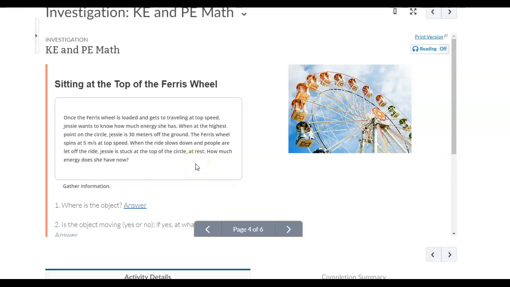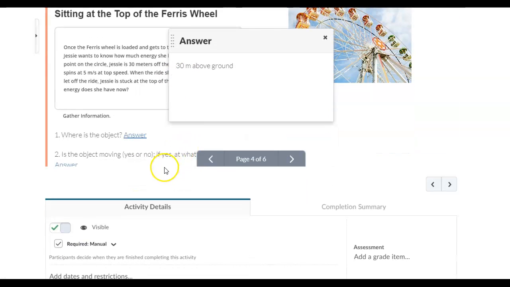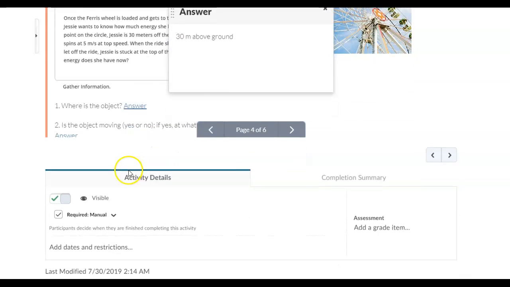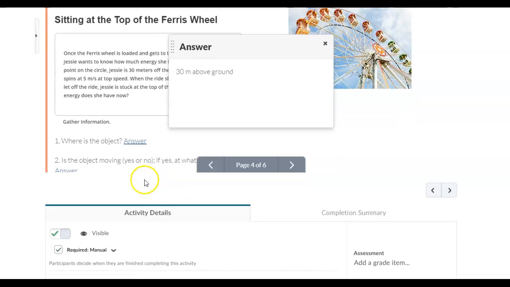Okay, so we're looking at this again. You can probably start to figure out she does have height this time. Our potential will go back to what it was before. She's 30 meters above the ground. So if we were to plug that in, that's the GPE we're able to calculate, and we know that she is not moving at the top while they're unloading.